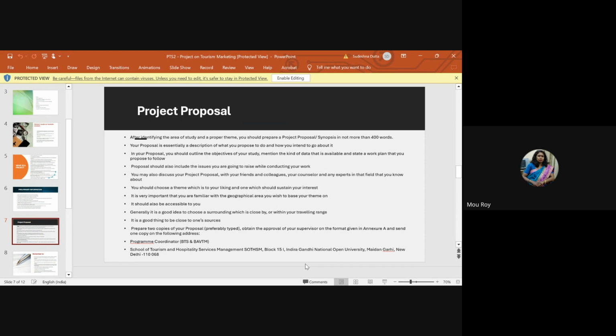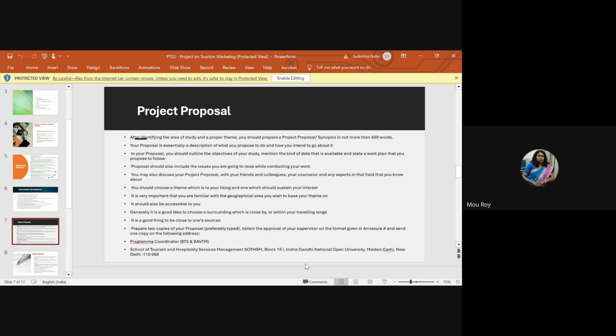Okay, so in your proposal you should outline the objectives of your study and mention the kind of data that is available. As I told you, it can be primary data as well as secondary data.